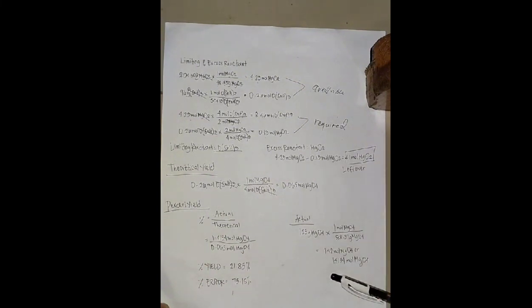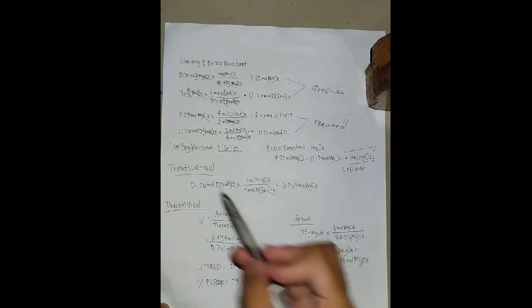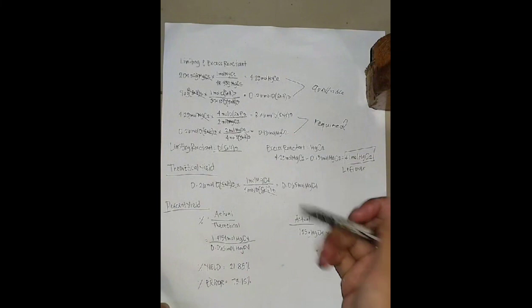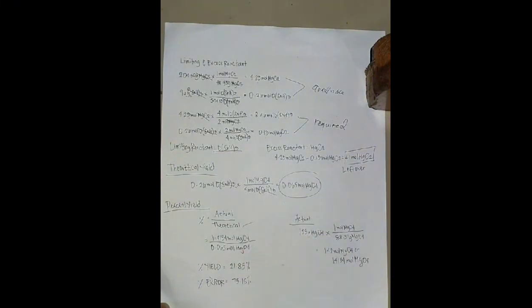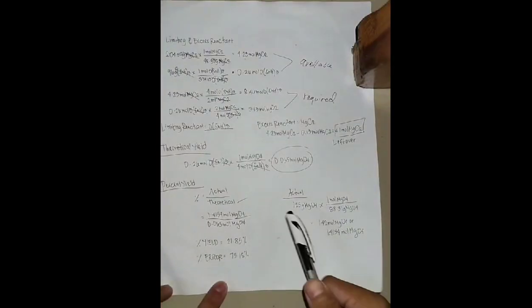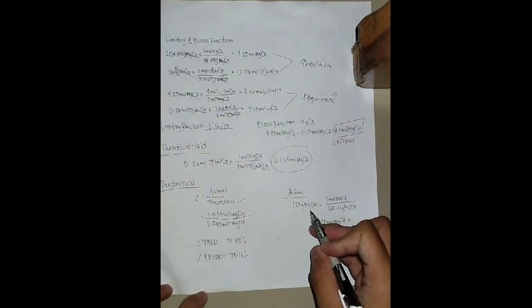Now, how to solve percent yield? This is the formula. As you can see, we found the answer for theoretical yield, which is this. So we now have a theoretical, but we have no actual. So how to solve actual? Solving actual, 125 G MgO4, we get this from the given.